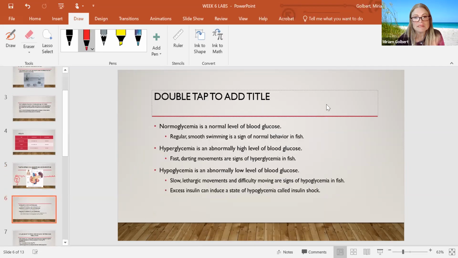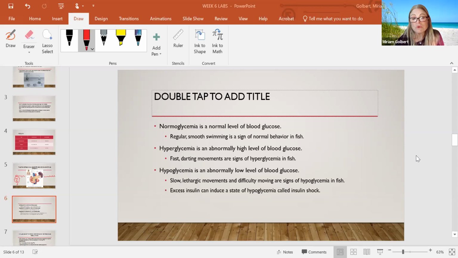So this is just a recap or a summary of the little virtual simulation that we do with the fish. Normal glycemia, we know they have normal levels of glucose, and the swimming behavior will be normal, regular. Dorsal fin will be up, and so the fish can be swimming in a normal manner.